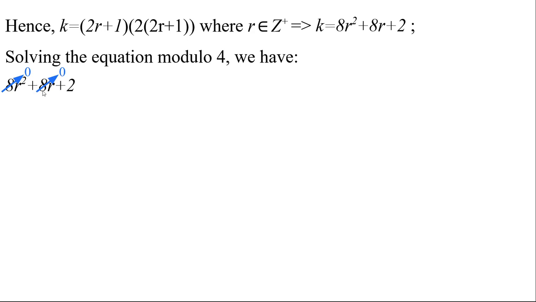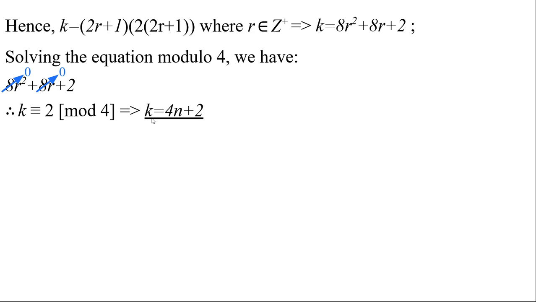Same goes here, so this is also divisible by 4, so the remainder is 0. And all we're left with is 2. So therefore k is congruent to 2 mod 4, meaning k leaves a remainder of 2 when divided by 4. So therefore, the answer will be k is equal to 4n plus 2, where n is a natural number here.